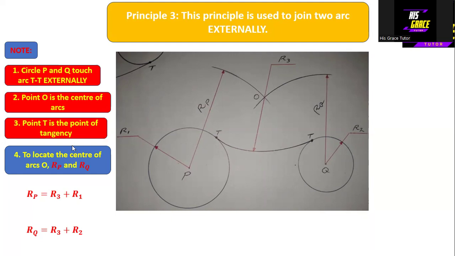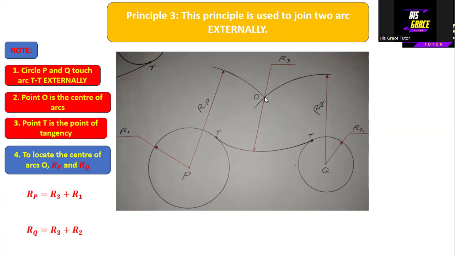Now, for us to locate the center of arcs O, we need to find the value of RP and RQ. Before we go on, the radius of circle P is R1, the radius of circle Q is R2, and the radius of arc TT is R3.